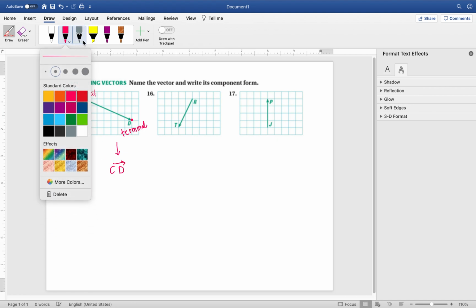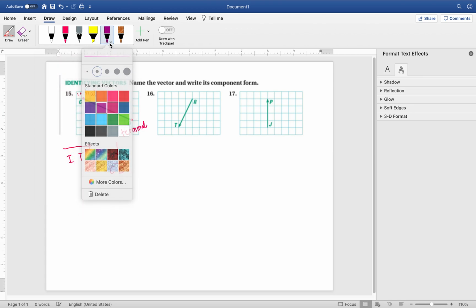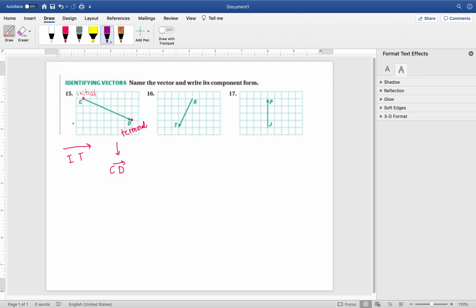Then you'd have to worry about horizontal and vertical components. The first thing you want to worry about is your horizontal component, which would be your x. So I would start here where C is, and I would go 1, 2, 3, 4, 5, 6, 7. And because I went right, it's positive 7. So my horizontal component is positive 7.